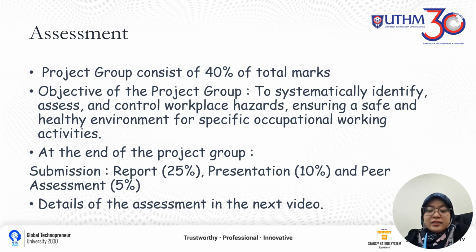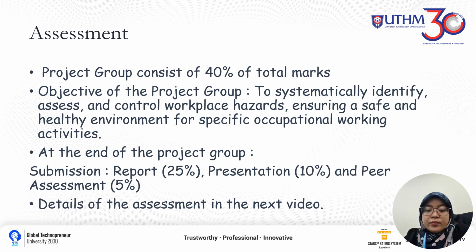And as I mentioned in an earlier video, there's an assessment for this course. So the students need to conduct a group project, which consists of 40% of total marks. The objective of the group project is to systematically identify, assess, and control workplace hazards, ensuring a safe and healthy environment for specific occupational working activities.